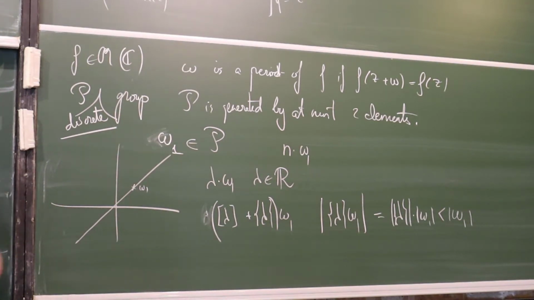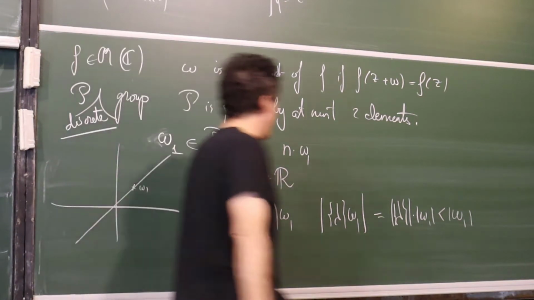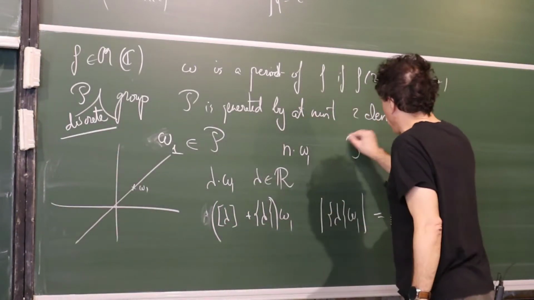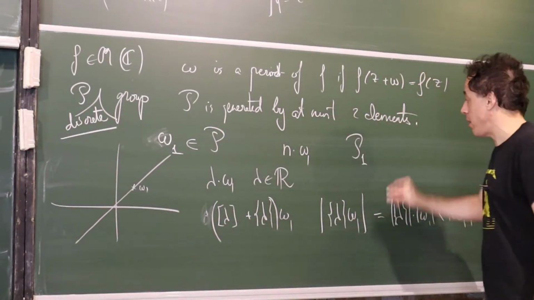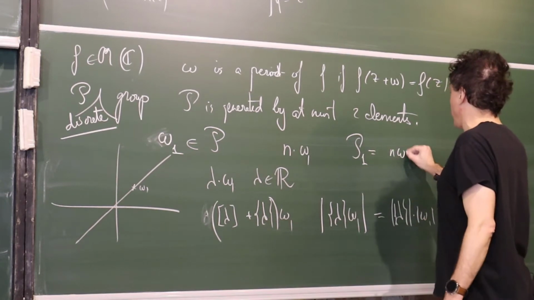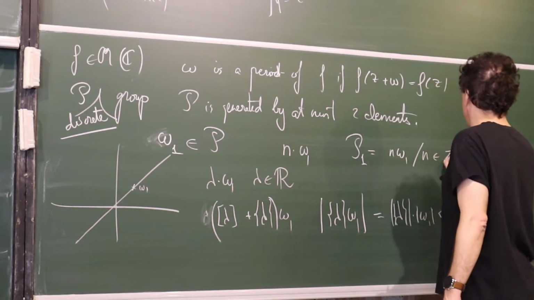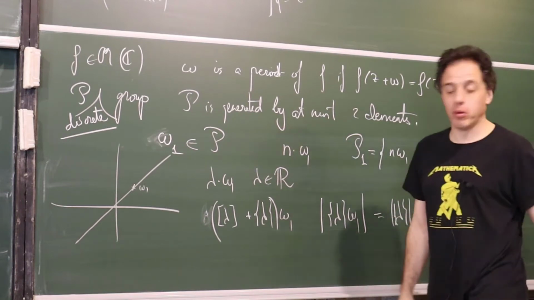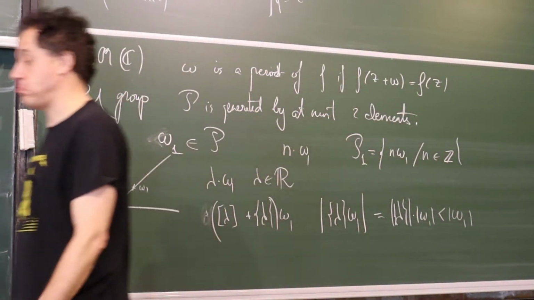So the only possible periods over this line are the integer multiples of omega 1. We call P1 the set of n omega 1.